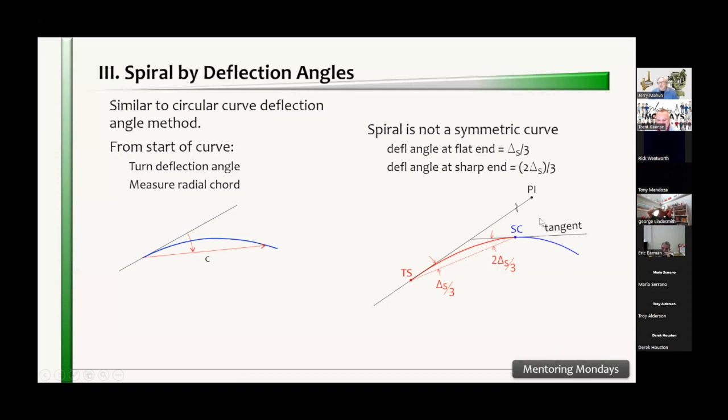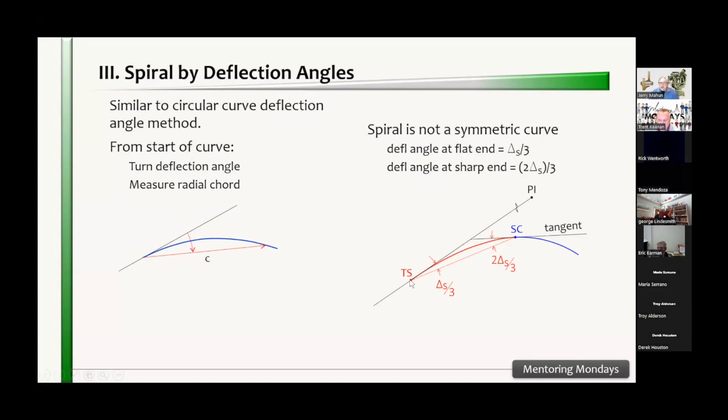We do the same thing on a spiral, except there's one big difference. When you do a circular arc, it doesn't matter which end you come from. If I take a point here and put a tangent in here, the deflection angle there and the deflection angle here are the same because the curve has a constant radius. But on a spiral, that's not true.